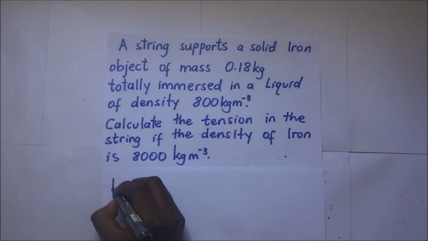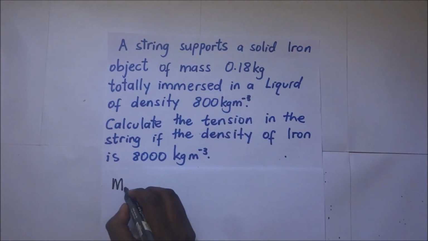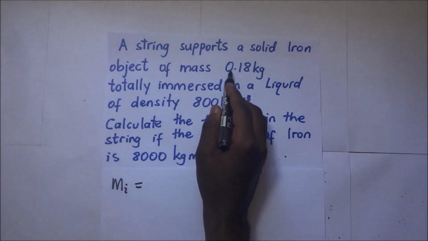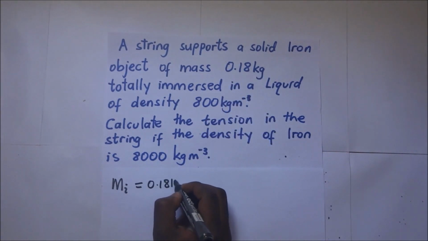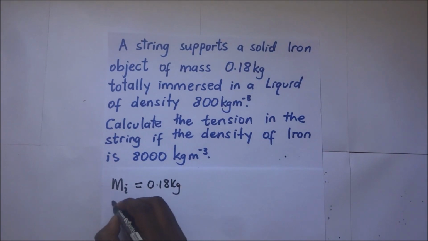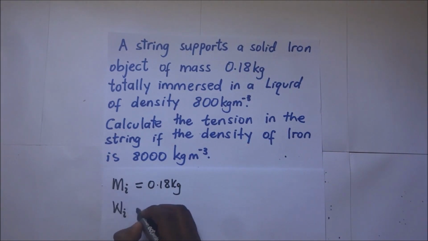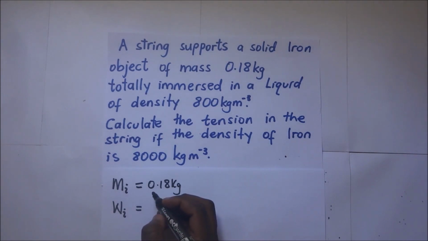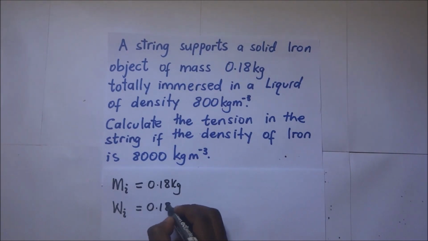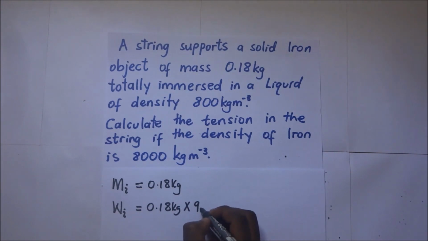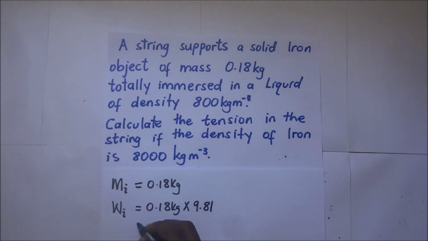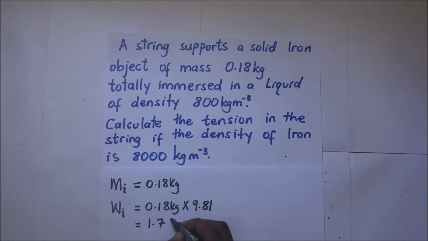So the mass of this solid iron, let me call it M subscript I, is 0.18 kilograms, and definitely this makes its weight 0.18 kilograms multiplied by the acceleration due to gravity, which is 9.81, and that gives us the weight of the solid iron as 1.765 newtons. And this is the weight of the solid iron when it is in air.